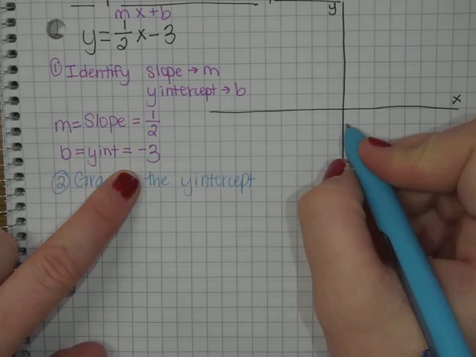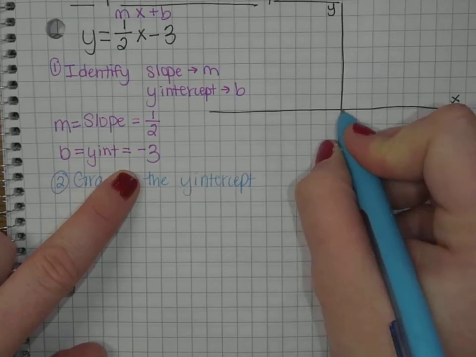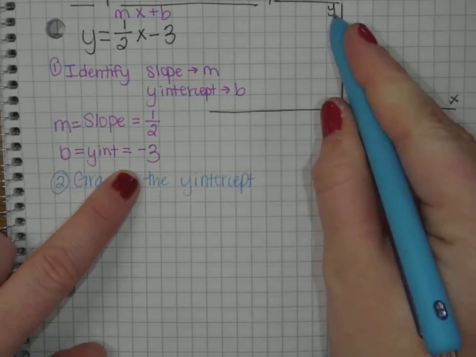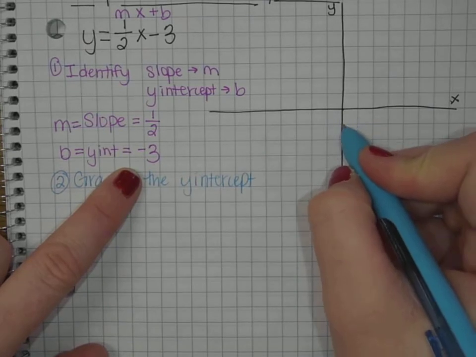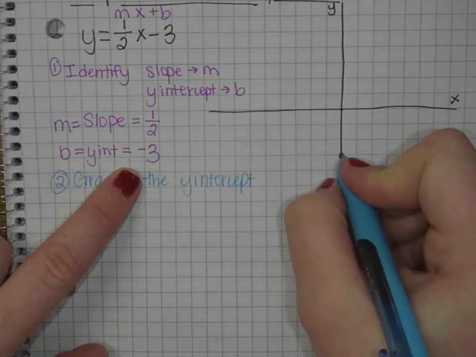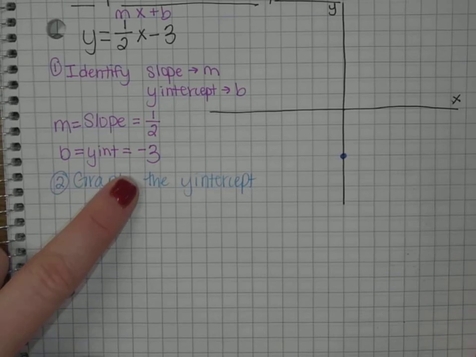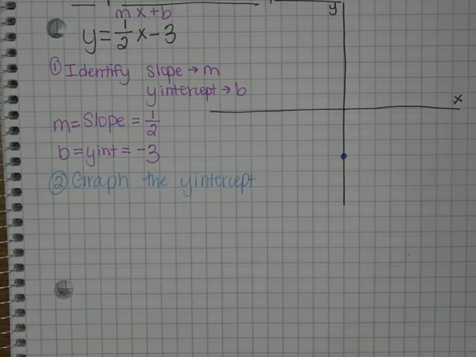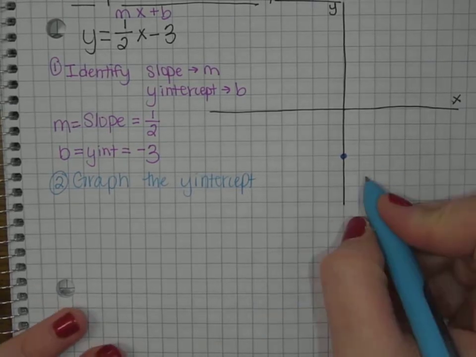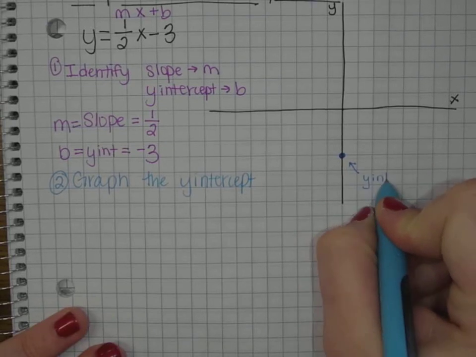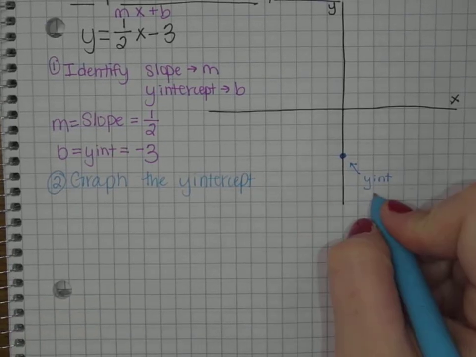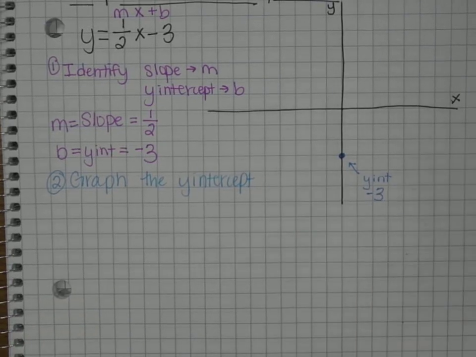So we're gonna start at -3. From the origin, I need to move along the y-axis down 3 because it's negative. So it would be 1, 2, 3. That would be my y-intercept of -3.